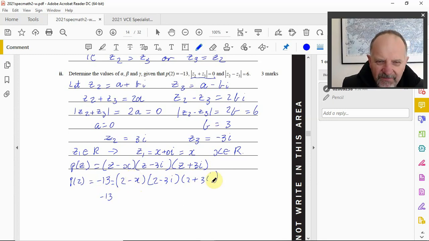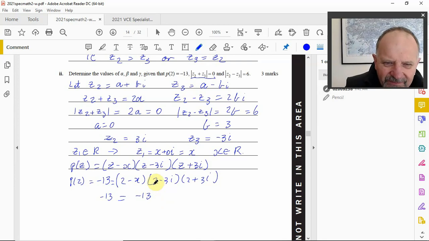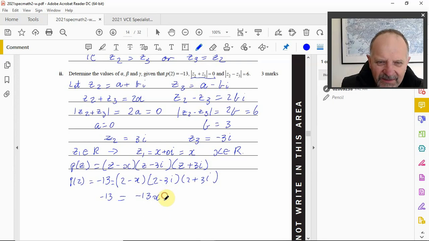Now we need to expand and collect our like terms, and you can do that on your calculator, or you can do it by hand, but do it on your calculator, and then you would get negative 13x plus 26. All right, and then when you rearrange that, what you would then find is that x is equal to 3.